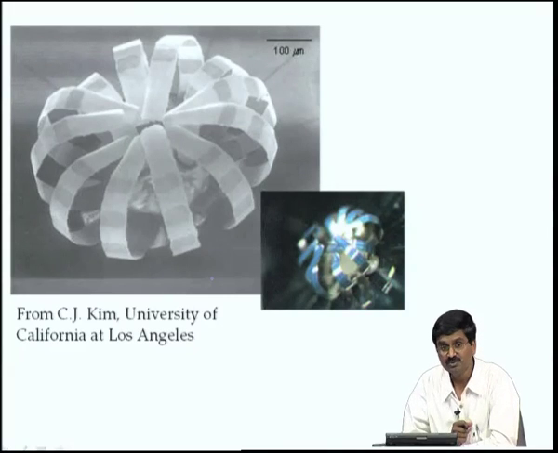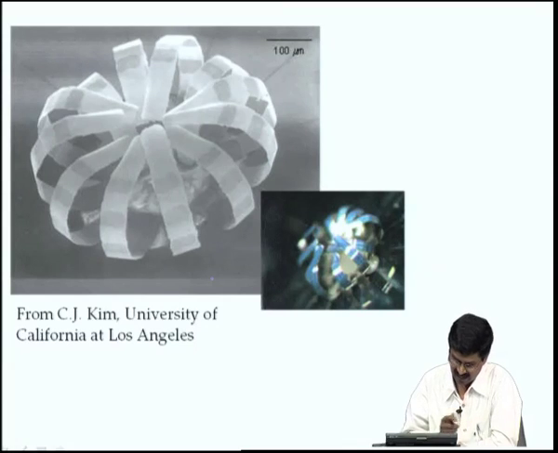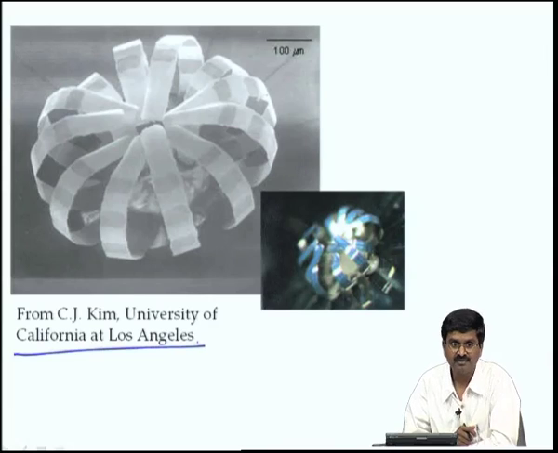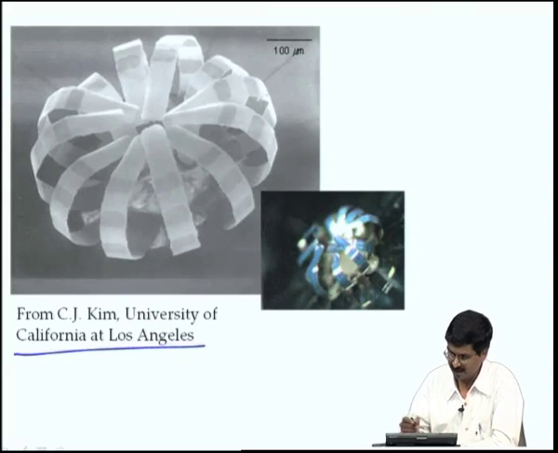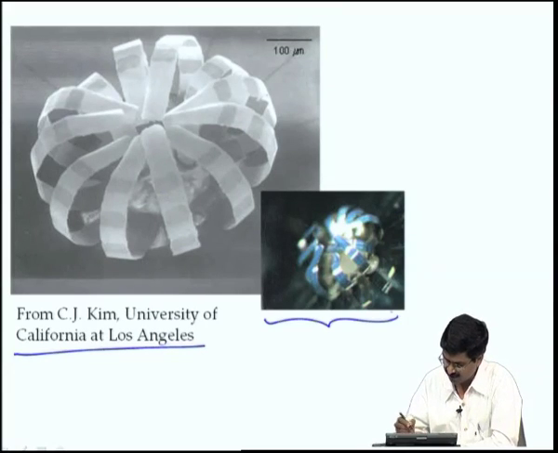You can also use this bad residual stress to your advantage, as has been done by a group in University of California at Los Angeles, where they have made a cage for holding biological cells. Here is a picture of a real micro cage.